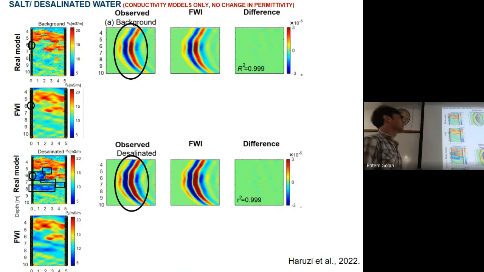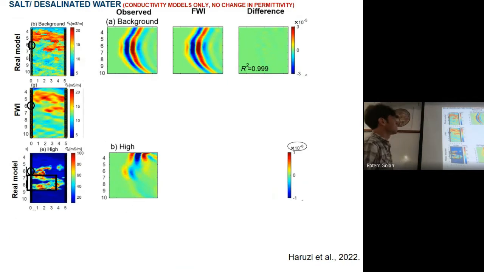If we look at the data, we can see that the data of the full waveform inversion fits very well the observed data, and we see that the difference data is almost nothing. So the fit is very good, and we are getting pretty good recovery of the aquifer model due to the deionized water.